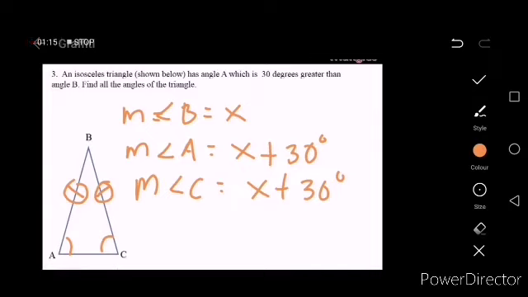Now, ano naman makukuha natin dyan na formula, or anong formulang pwede natin gamitin? We all know that the sum of the interior angles of any triangle is equal to 180 degrees. Therefore, our working formula will be equal to what? Yes, the measure of angle A plus measure of angle B plus measure of angle C is just equal to what? 180 degrees.